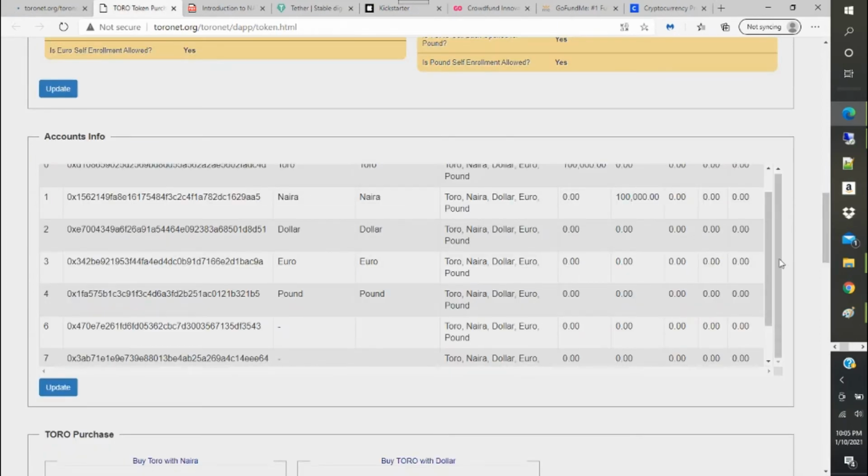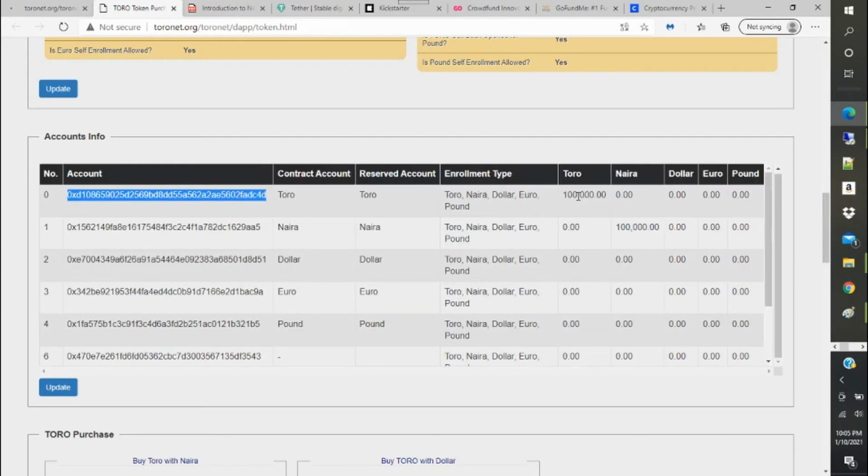So now we see that the Toro reserve now has 100,000 Toros, and the Naira reserve still has 100,000 Naira. Notice now that on the entire blockchain, there is now only 100,000 Naira, where before there was 200,000. So 100,000 Naira no longer exists, and in its place, 100,000 Toros exist. So there's some conservation there. And the reason why this is the case is because the Toro is right now a stablecoin pegged 1-to-1 to the Naira.